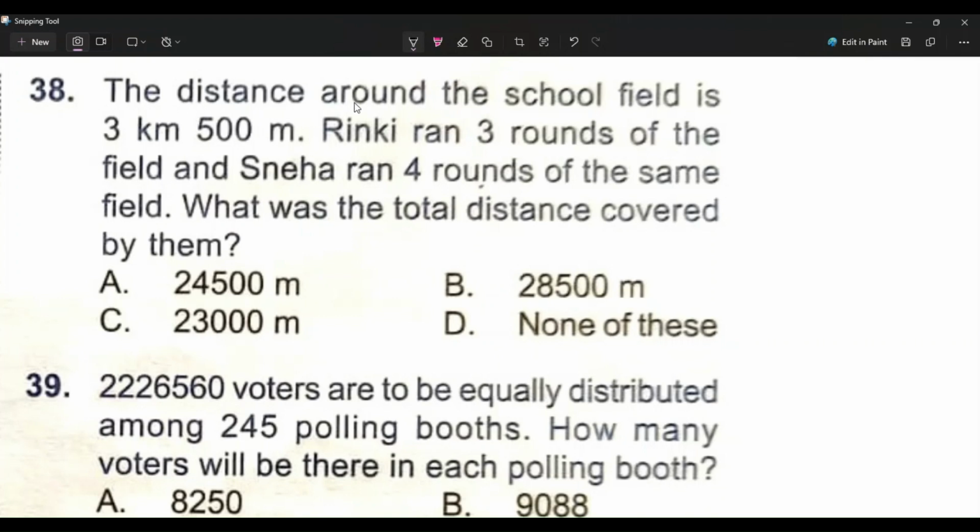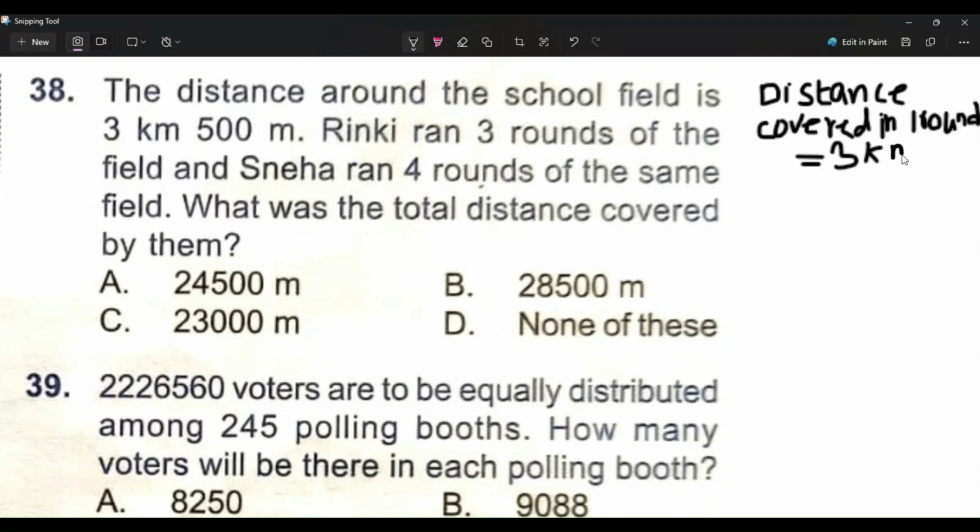38th question. The distance around the school field is 3 kilometers 500 meters. Rinki ran 3 rounds of the field and Sneha ran 4 rounds of the same field. What was the total distance covered by them? So the distance around the field is given. Distance covered in one round is 3 kilometers, 500 meters.